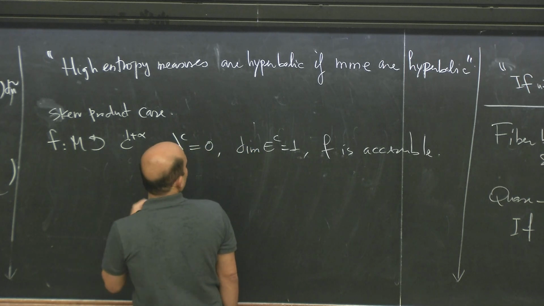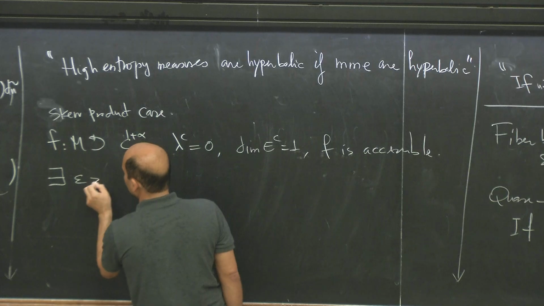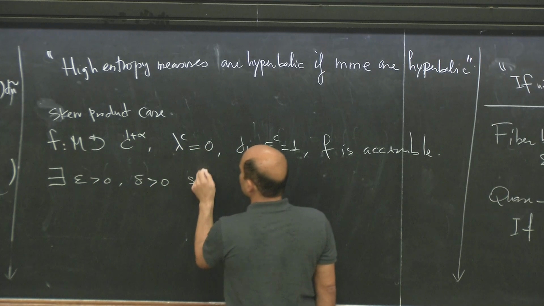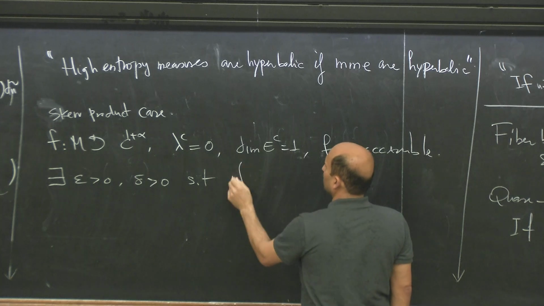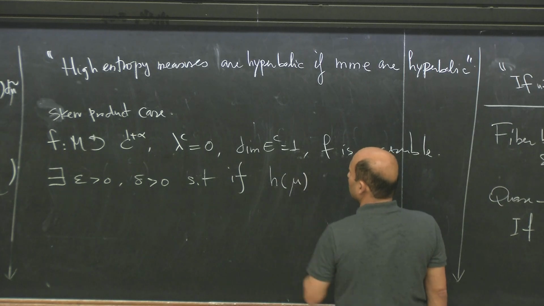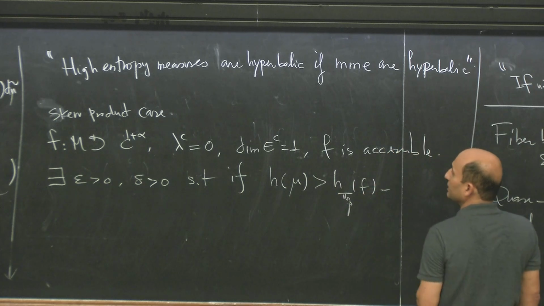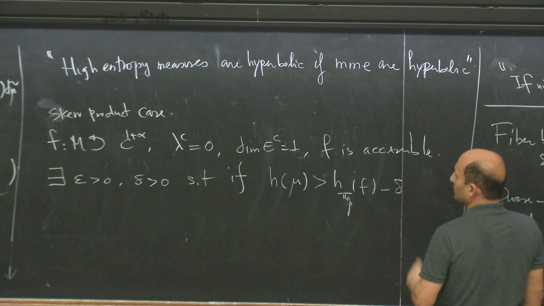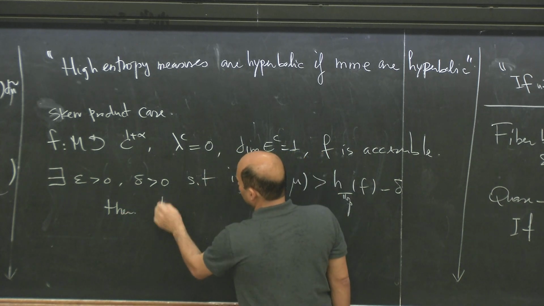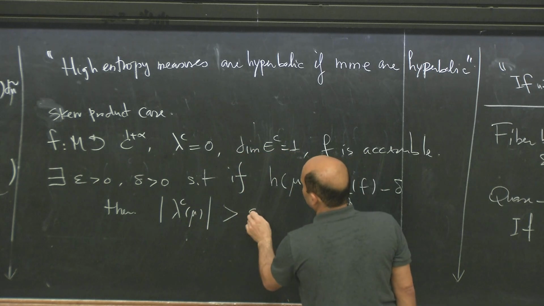What I plan to prove is that there exist epsilon and delta such that if the entropy of a measure mu, which is an ergodic measure, is larger than the topological entropy of f minus delta, then the Lyapunov exponent of mu is larger than epsilon.